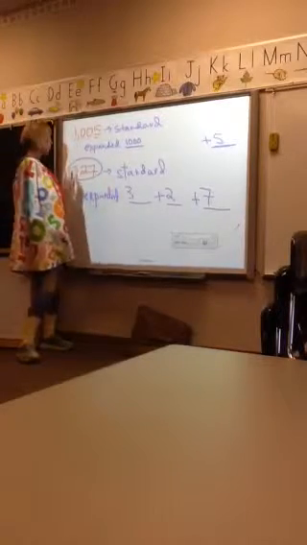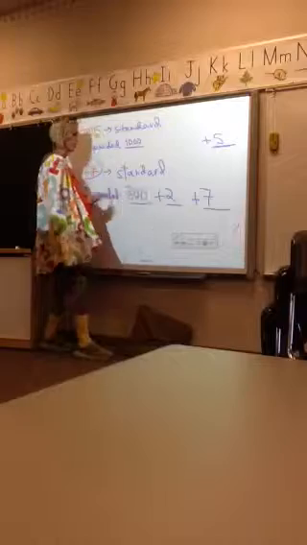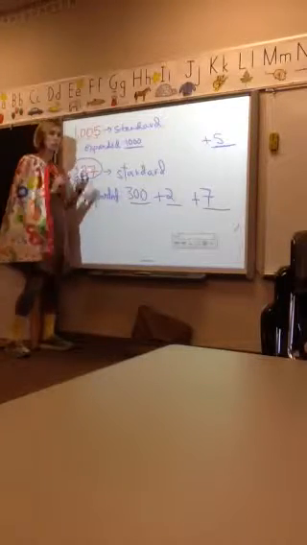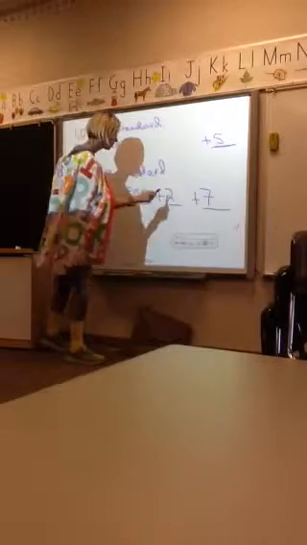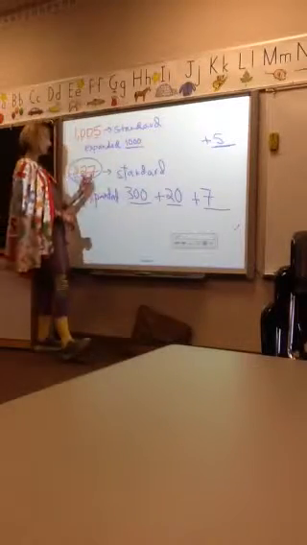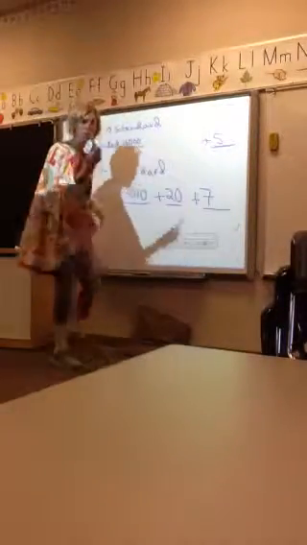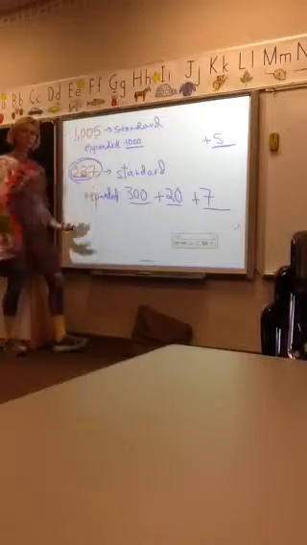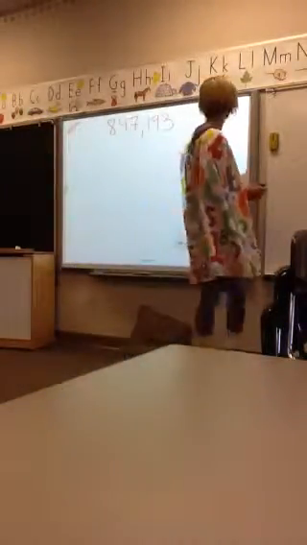It's worth 3, what place is that in? The hundreds. So it's going to be 300. The 2 is worth not 2. It's in the tens. So 2 tens, guess what, is 20. And then 7 ones is just 7. And if I were to add this up together, I'm going to get 327. Okay? So that's the first part that they spent time on learning.